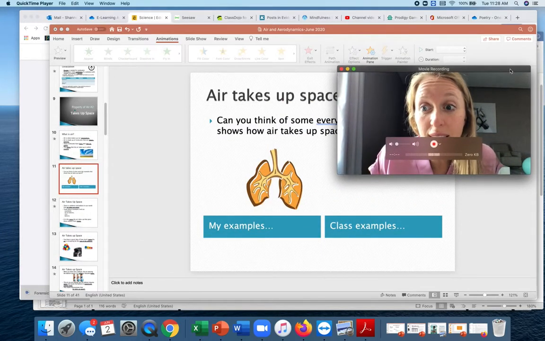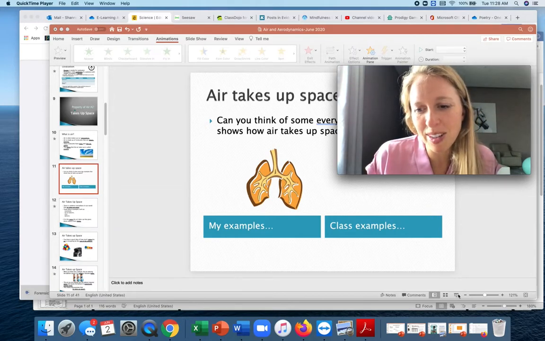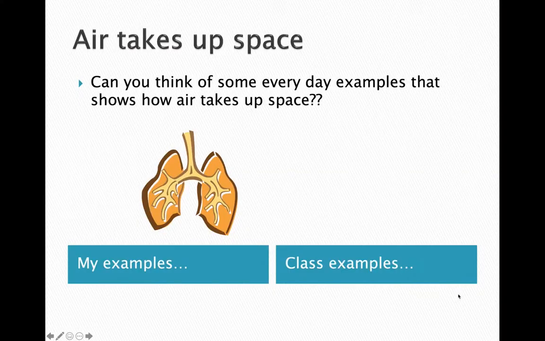What other real life examples can you think of? Think about it right now. Give yourself a couple of minutes to think about it, and you can jot down some examples. How do you know that air takes up space? What are some examples that show that?